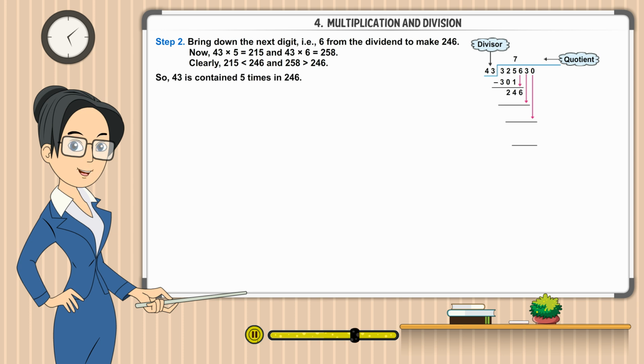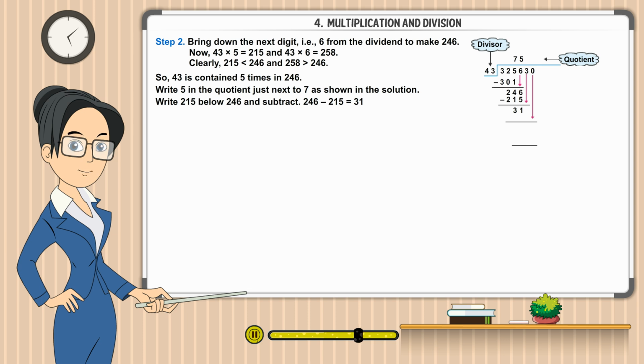So, 43 is contained 5 times in 246. Write 5 in the quotient just next to 7 as shown in the solution. Write 215 below 246 and subtract. 246 minus 215 is equal to 31.